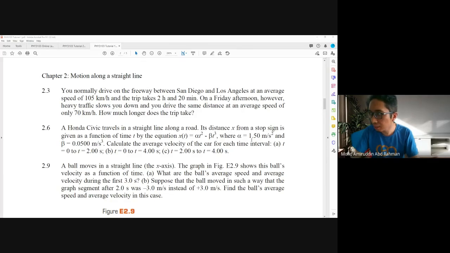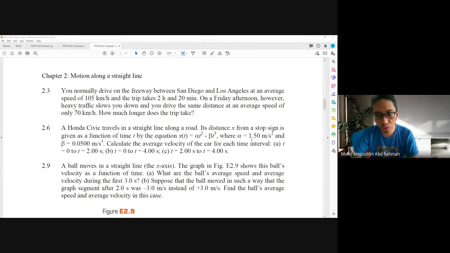Let's say okay, so this is not the correct one, so I just said okay, the distance is 700 kilometer. All right, so the time taken, right, time taken is 10 hour, because you are driving at 70 kilometer per hour.